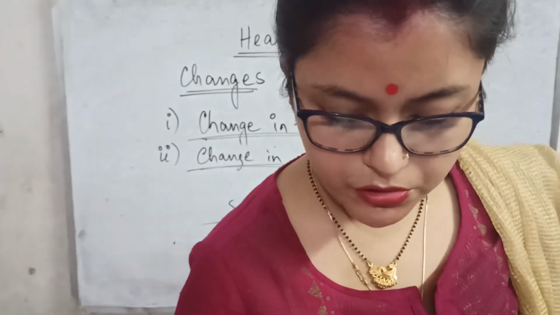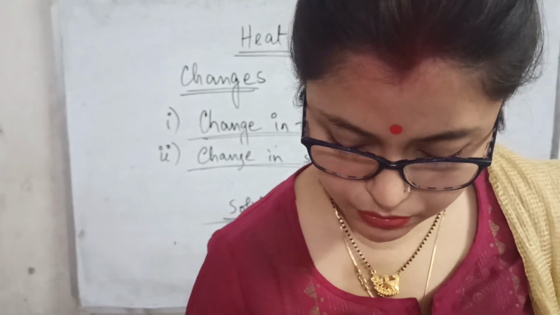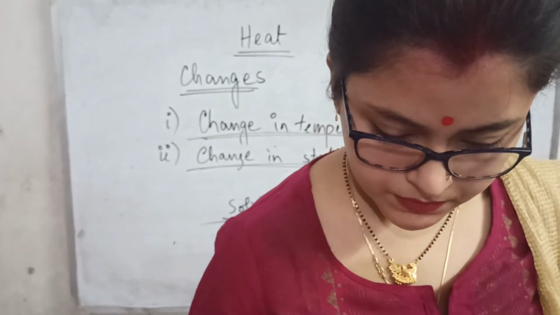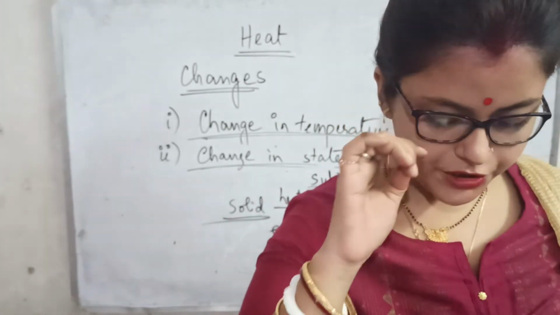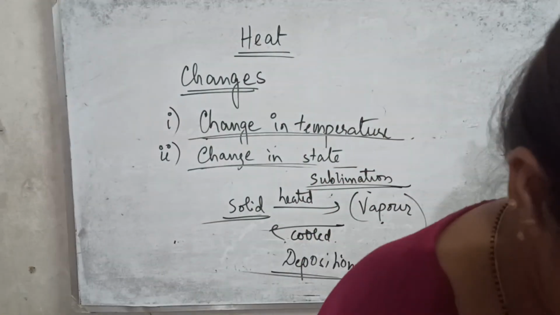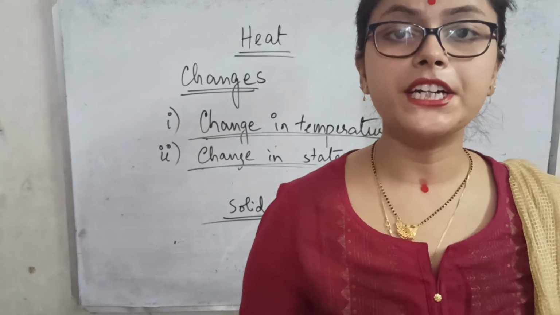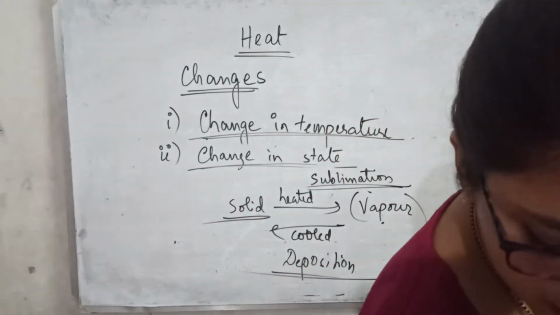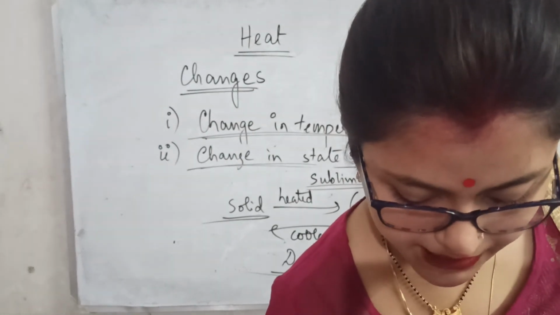So this will be all for today's class. You will have to go through your book till page number 70, from the beginning of the chapter to page number 70.